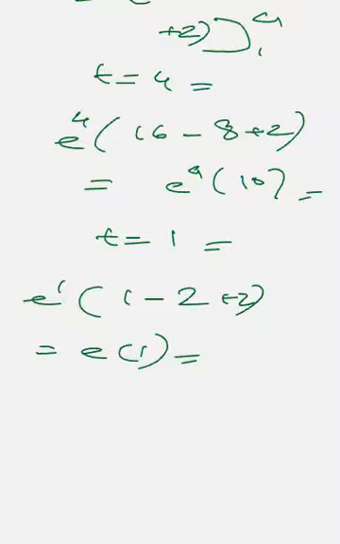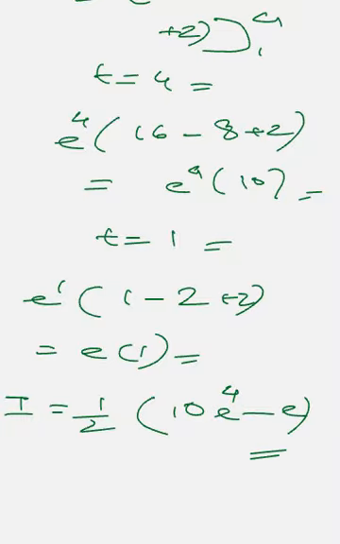Okay, now subtract. So we get I = 1/2 (10 e^4 - e). So the final answer for this question is I = half of (10 e^4 - e). This is the correct evaluated value of the integral.